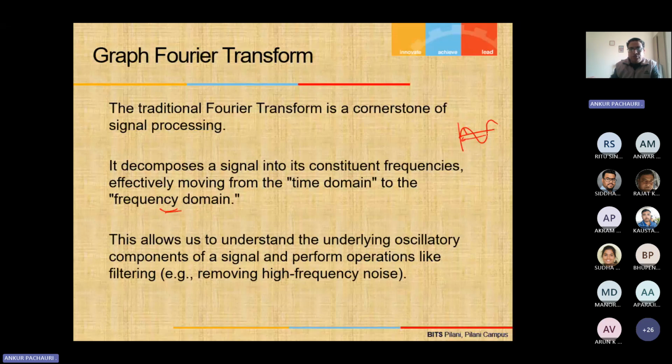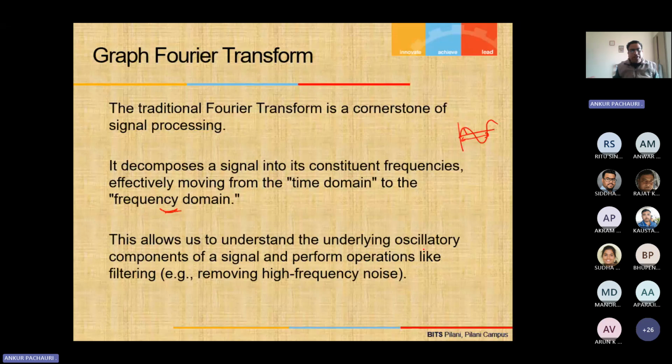This amplitude was something different. This was the total cyclic time or something. I'm missing those terms, but we have converted the function from the time domain to a frequency domain, which repeats itself.